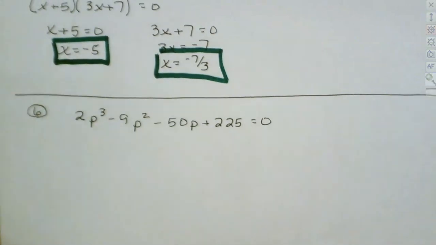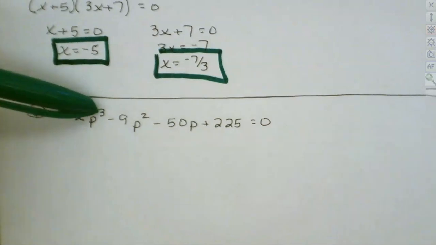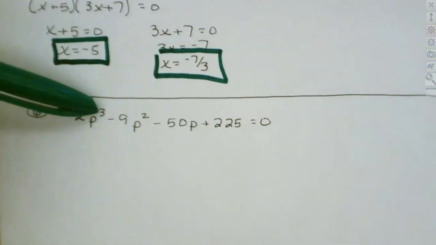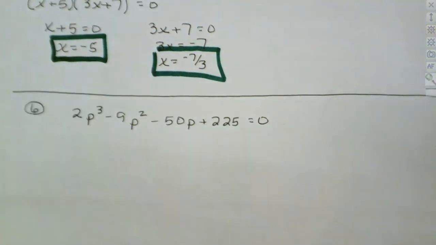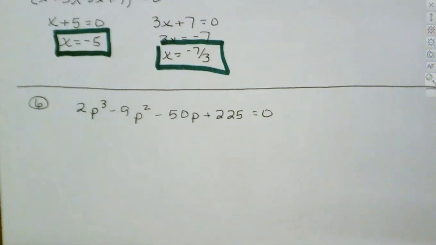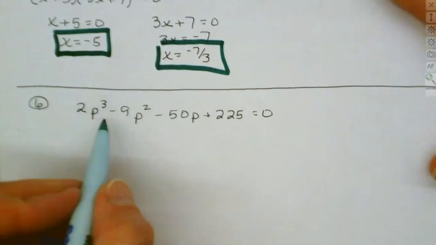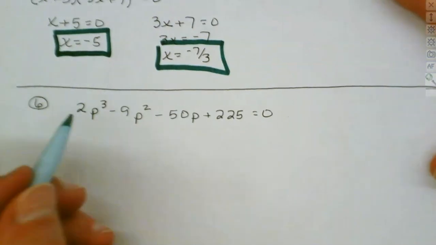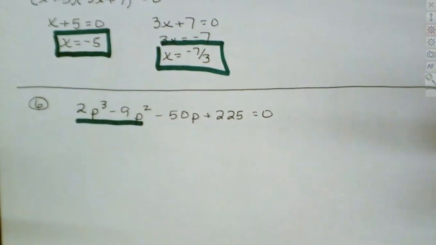What's our highest power in this case? Our highest power is cubed. So that tells me I can have up to 3 solutions. I may only have 2, or I may just have 1, but you can have up to 3. We have 4 terms, so I'm going to factor this by grouping. And we're going to see how we can group them together to make it work.